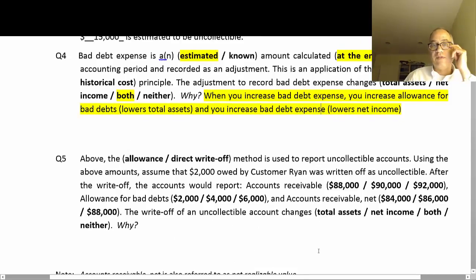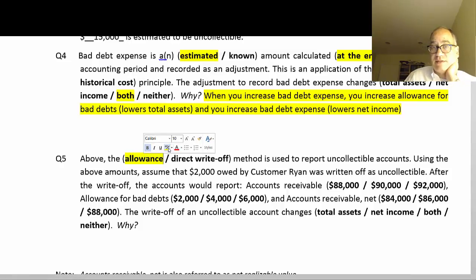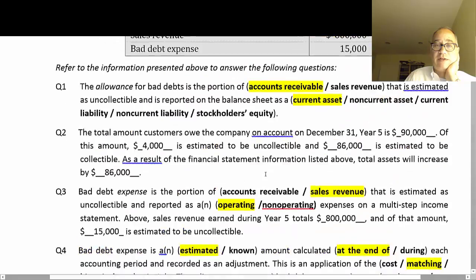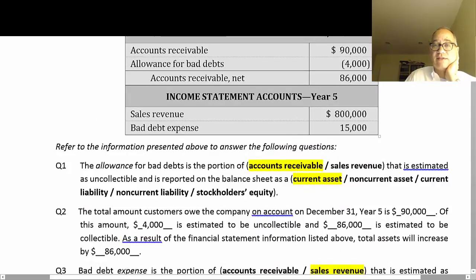Finally, with write-offs, the method that we use is called the allowance method. That's why we have an allowance. And that's used to report uncollectible accounts. So with these amounts, let's say $2,000 owed by Ryan was written off as uncollectible. But what would happen is, after this write-off, accounts receivable was $90,000.